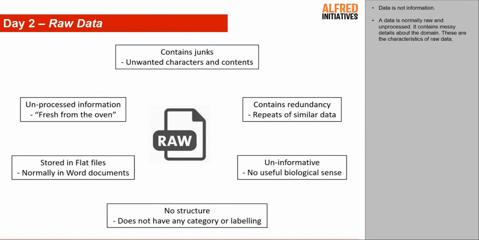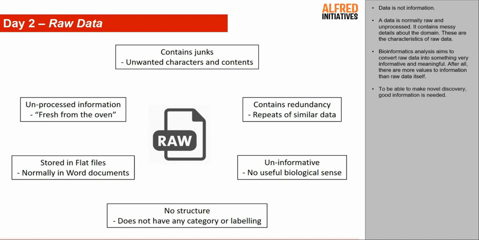Data is not information. Data is normally raw and unprocessed. It contains messy details about the domain. These are the characteristics of raw data. Bioinformatics analysis aims to convert raw data into something very informative and meaningful. After all, there is more value in information than in raw data itself.